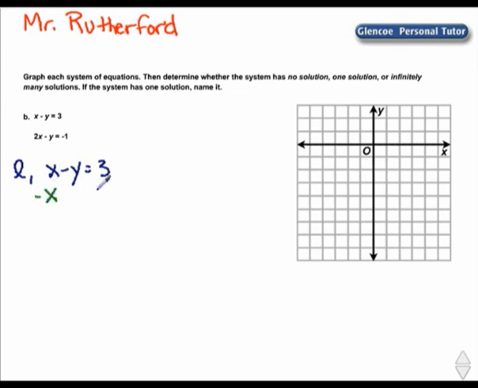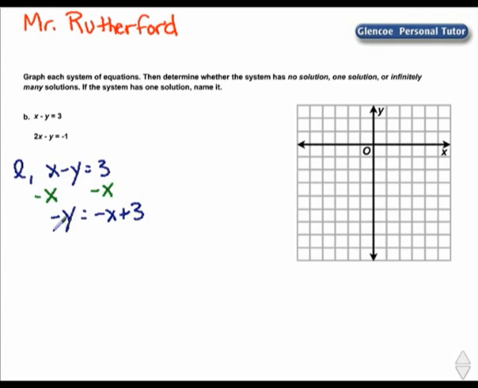subtract x from both sides, and we have negative y equals negative x plus 3. But here we have a negative coefficient of y, and we can't have that. We need to have a positive y. So I can either divide both sides of our equation by negative 1, or I can multiply by negative 1. Either way will work.